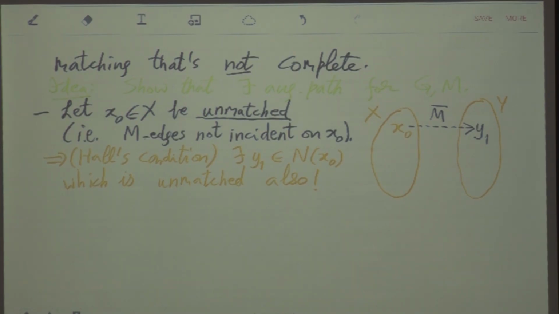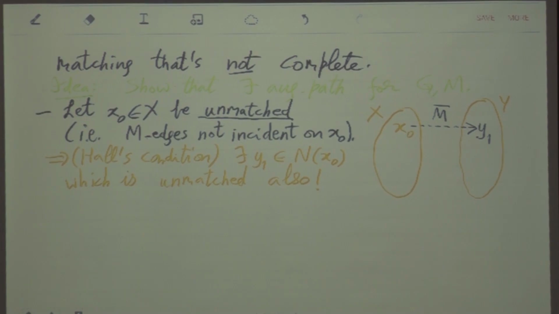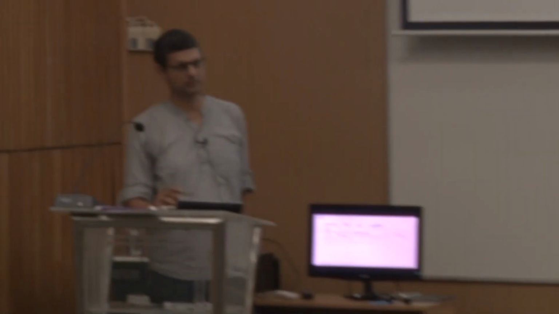Now to make progress I want to come back to big X, because anyways in big Y I cannot go anywhere, there are no edges. So to move forward, to get this augmenting path, I have to come back to big X. How do you come back to big X? What is the promise that there will be an edge or a neighbor? Hall's condition we seem to have exhausted.